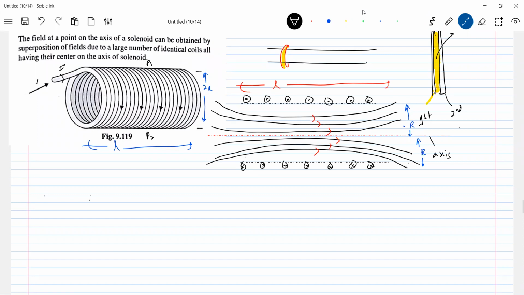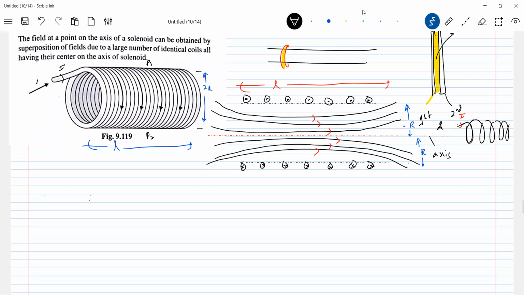Here is the actual diagram of what it will be. So here the current is, this is the current. If you stand here, what you see is the current is clockwise, no?